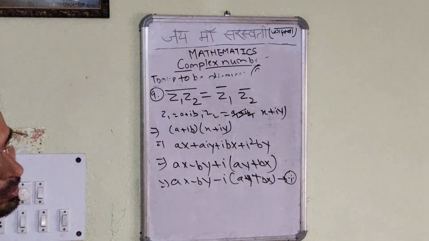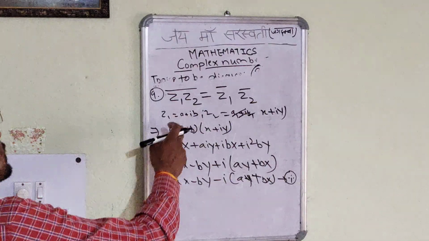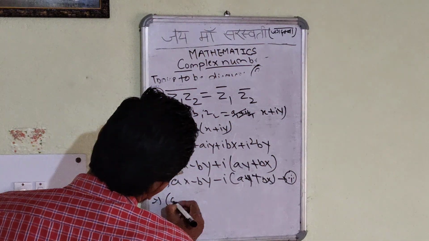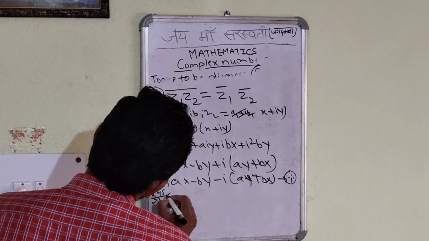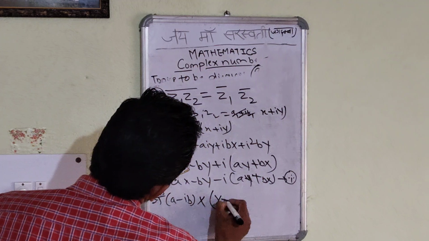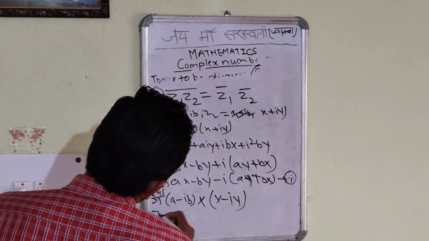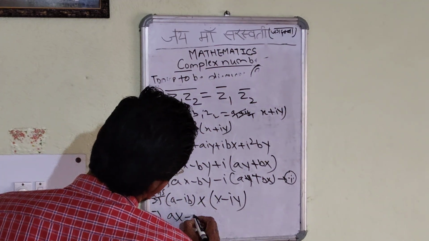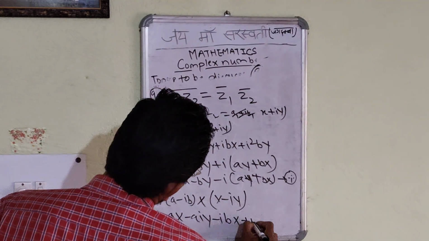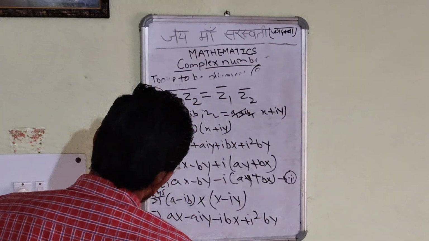Now coming to the RHS separately. z1 is equal to a plus ib, its conjugate will be a minus ib. We are writing here the RHS: a minus ib into x minus iy. So ax minus aiy minus ibx plus i square by.